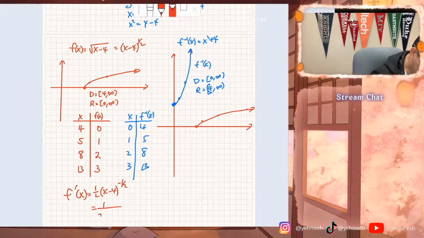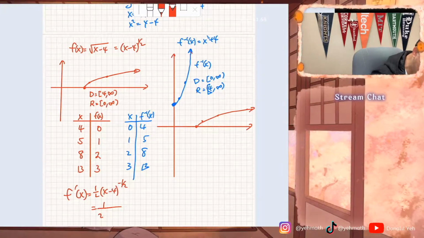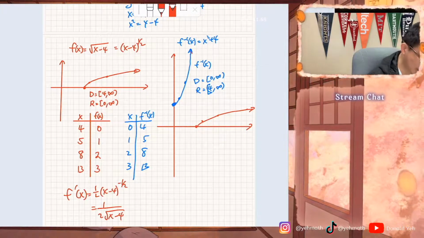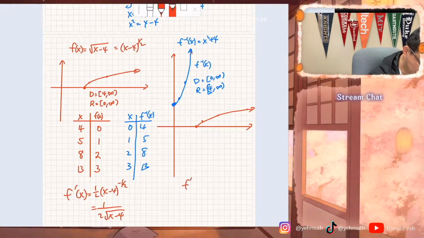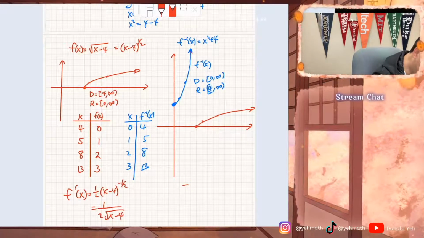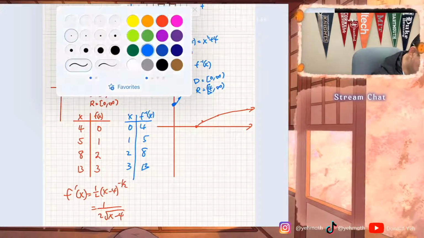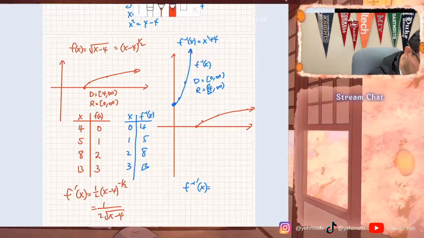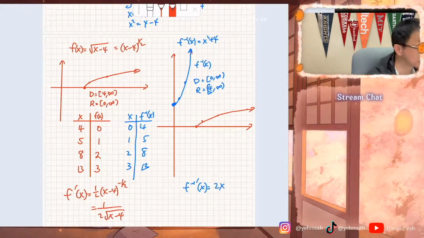Does that make sense? And if I take a derivative of this, I'm going to take an inverse derivative of the derivative function. So the derivative function, f prime of x, is equal to 2x.